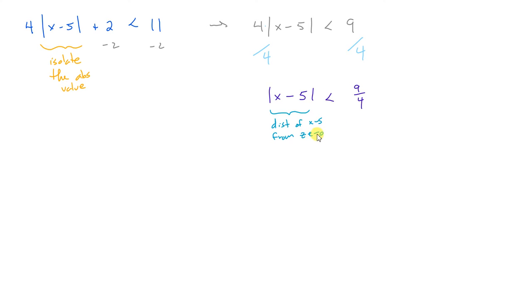So if I draw a number line, here is negative infinity way out here, infinity's way out here. Here's 0. The distance of this unknown x minus 5 from 0 is less than 9/4.